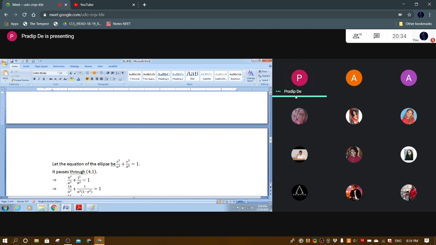So b square is actually a square minus 9. That is 16 upon a square plus 1 upon a square minus 3 square is equal to 1. Can you find a square from this?